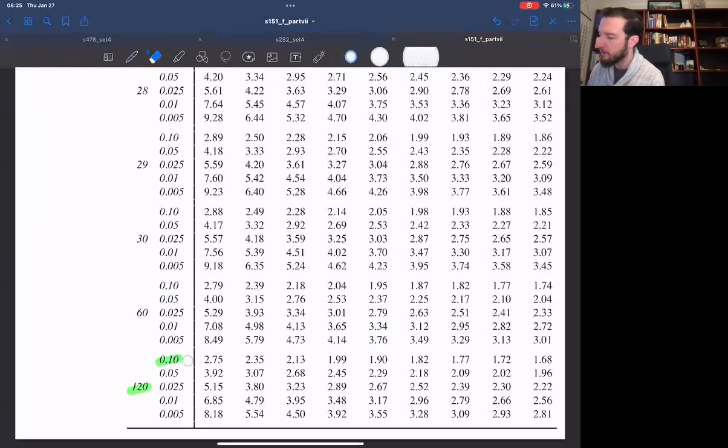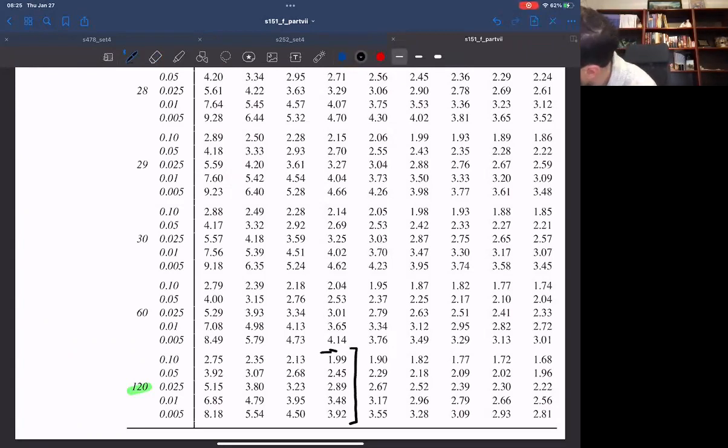So we have the same degree of freedom. So we're going to use 4 and 120 degrees of freedom. Okay, so we're going to use this set of numbers here. So our value 1.014 is smaller than the smallest listed value given in that set of numbers.